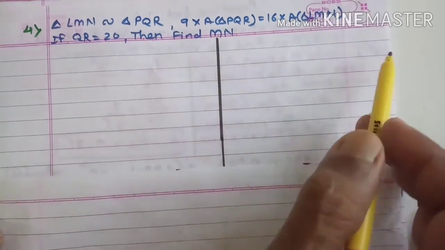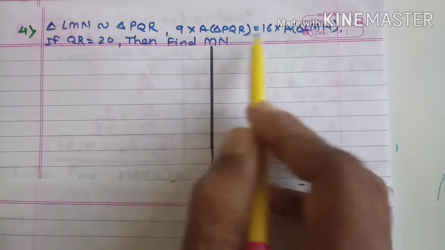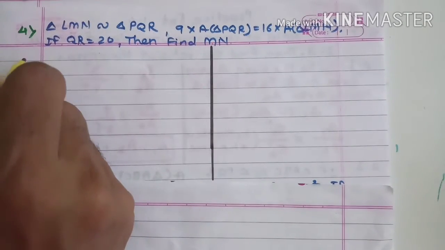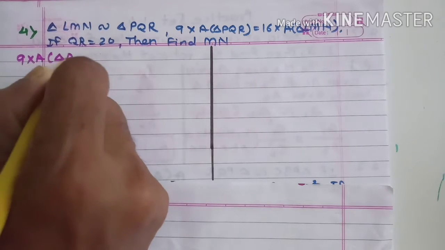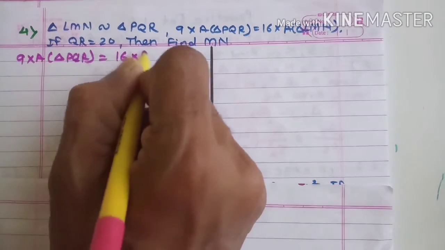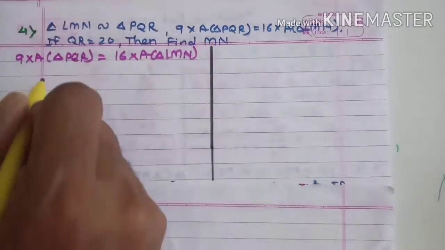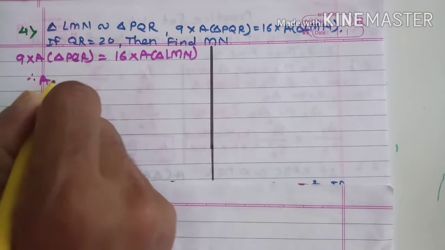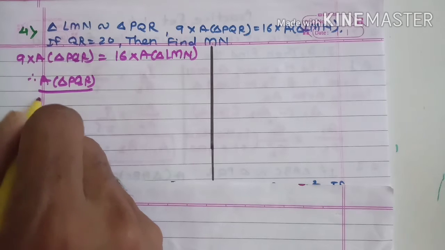So first of all, from this relation find the ratio of the areas of the two triangles. Take 9 into area of triangle PQR is equal to 16 into area of triangle LMN. This is given.